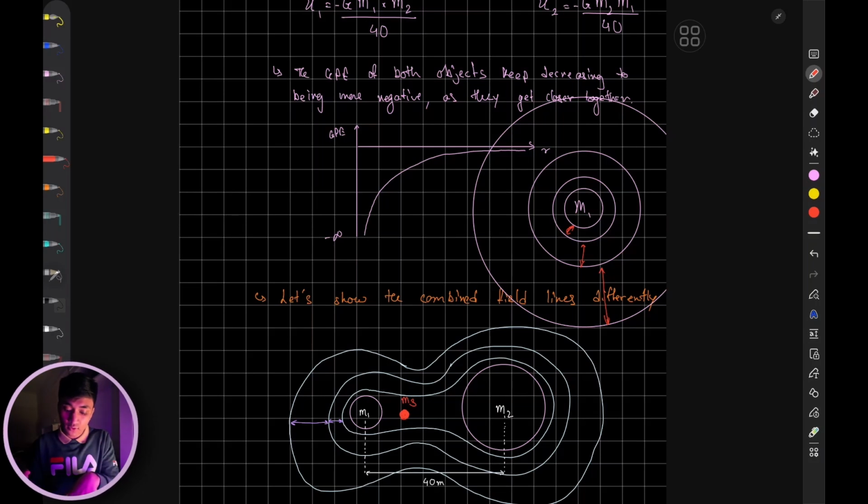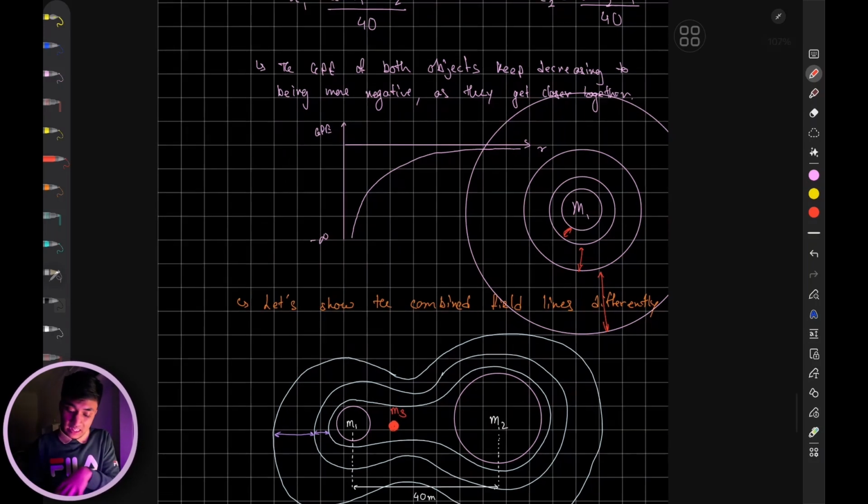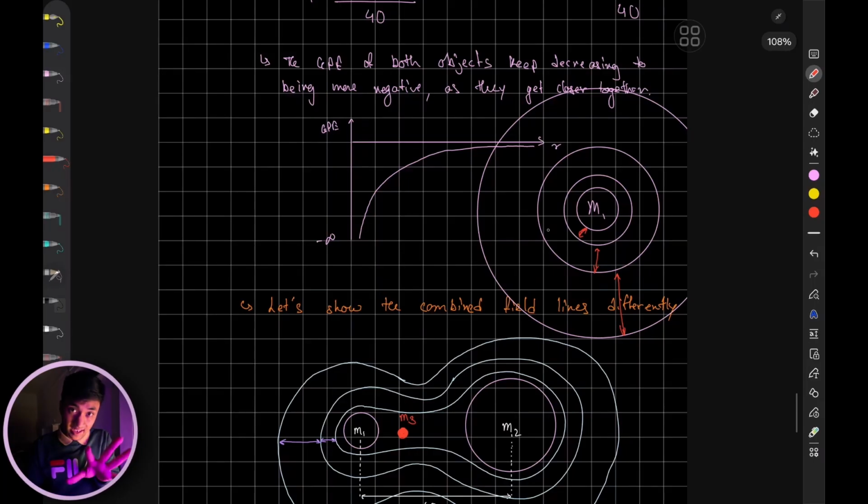The main point of doing control lines is, if I have a second mass, m2, the force felt on this concentric circle, let's say the mass's surface, is 100 newtons. Agreed?